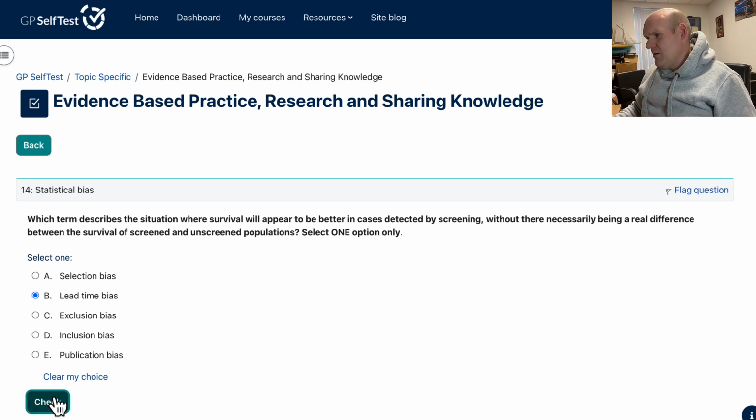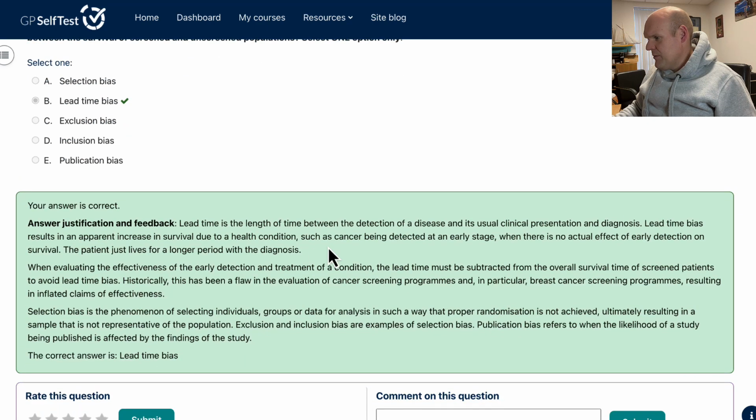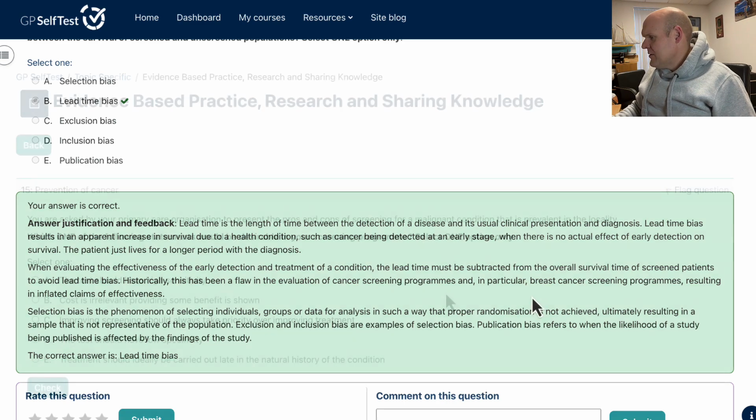Go on. Please be right. It's either that or selection bias. I apologise. Yes. Yep. So lead time bias is apparent in cases of survival due to health conditions. So this is where there's no actual difference or no benefit of detecting it early.